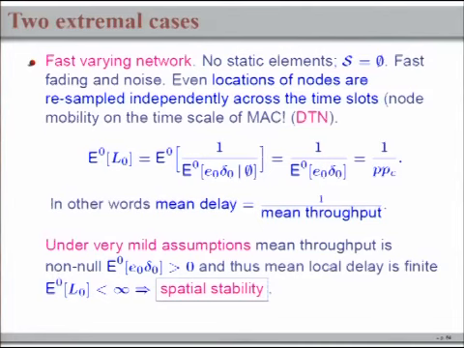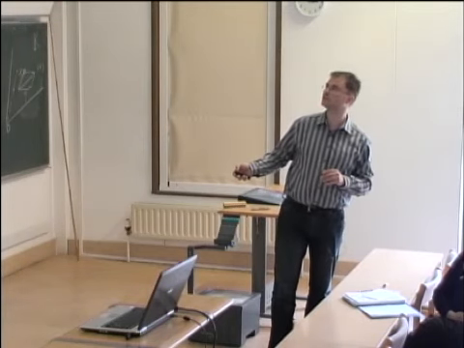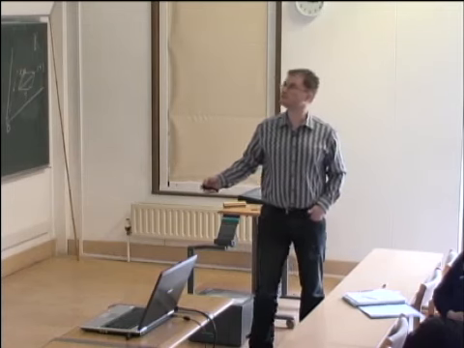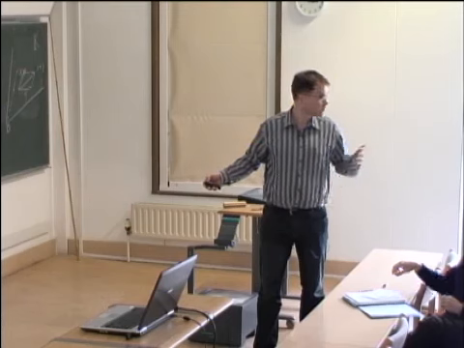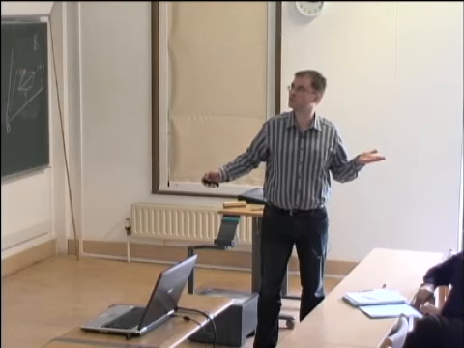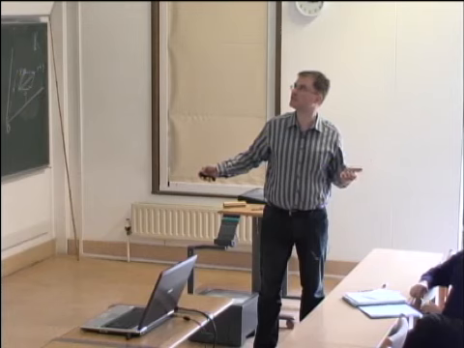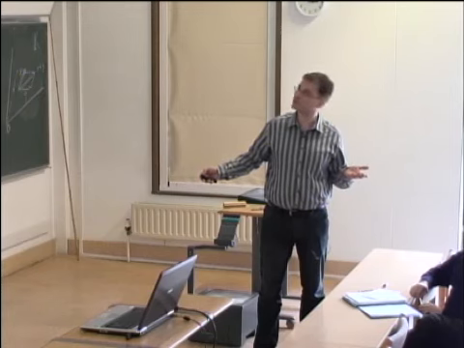First, a very fast varying network. Everything is random. Even the locations of nodes are resampled in an IID manner from time to time. This is not my default assumption, but let's consider this. This is sometimes the scenario considered in so-called delay tolerant networks. In this case, there are no static elements, so conditioning over the trivial sigma algebra is just the expectation, which gives this. And P is fine, it's between 0 and 1, assuming that it's not 0.